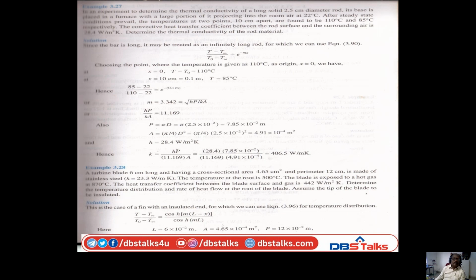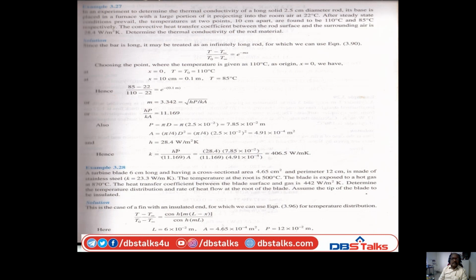So here there is a fin, and he has given some data. It is a long fin. Diameter he has given, and atmospheric temperature T infinity also he has given. And he has given temperatures at 2 points.